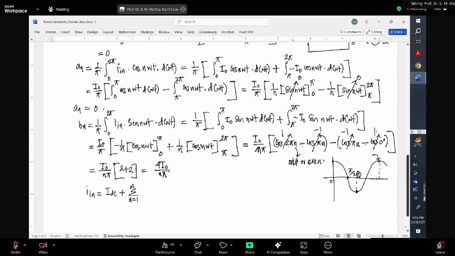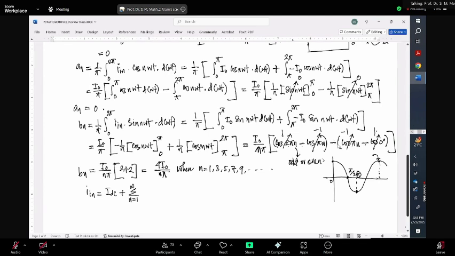Again, when your n is even, it would be something like 2 pi. And again, cos 2 pi is plus 1 and cos 0 is 1. So this term will cancel out. So this thing that we have got here, Bn, is only true when your n is odd, meaning it is 1, 3, 5, 7, 9, and so on.